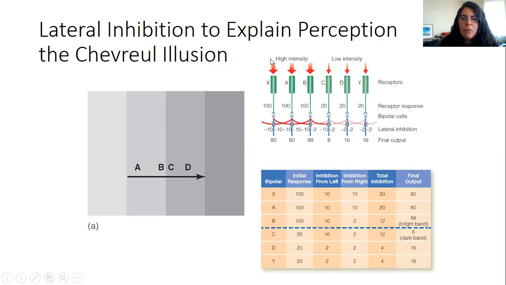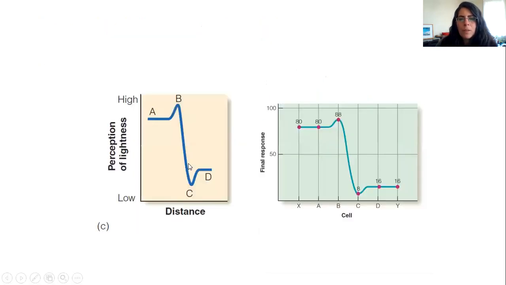So again, if you look here from point A, then this increase in intensity to 88, this big dip or decrease in intensity, and then these are at 16, accounts for the perceptual change from A to B, the brightness boundary, the dark border, and then the same intensity from C to D. Okay.